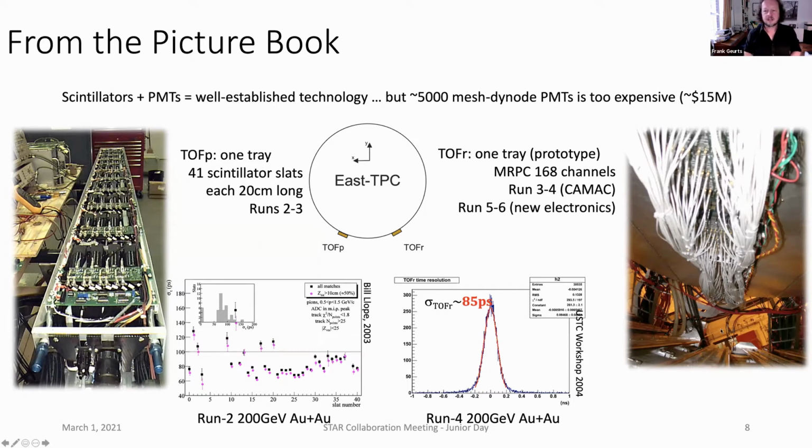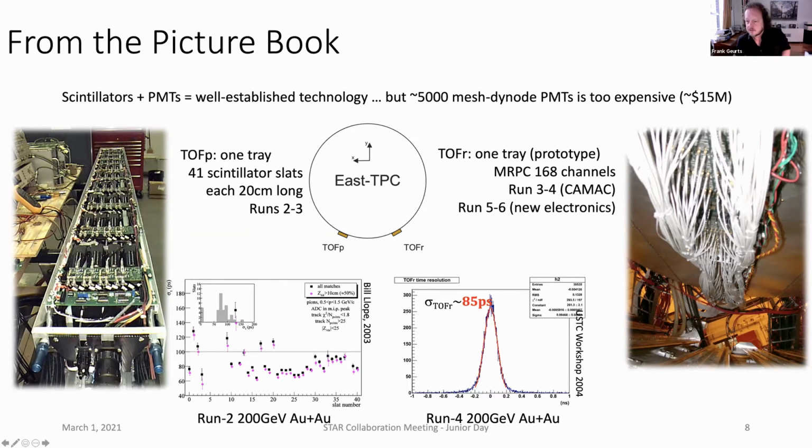This detector featured for quite a few runs on the East TPC on the other side of the TOF-P detector, and as was shown at a workshop in 2004, this setup could already deliver pretty good time resolutions, in the order of 85 picoseconds, using KMAC electronics.